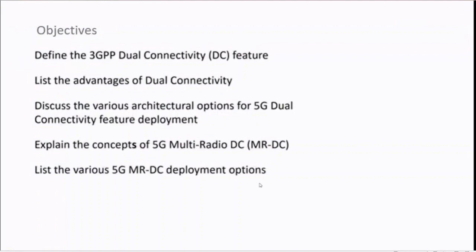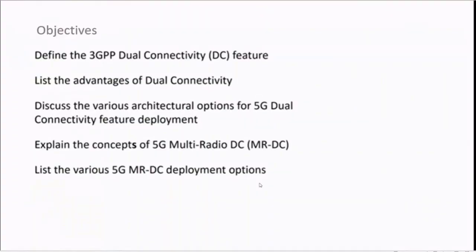So what's the objective of this part? In this part, we'll talk about the dual connectivity feature. So what is dual connectivity? And we'll also explore the advantages of dual connectivity. In addition to that, we'll discuss the various architectural options for 5G dual connectivity, right?